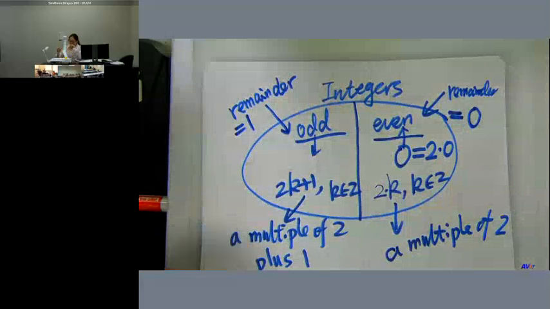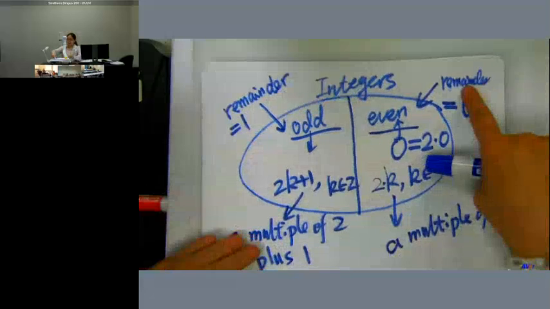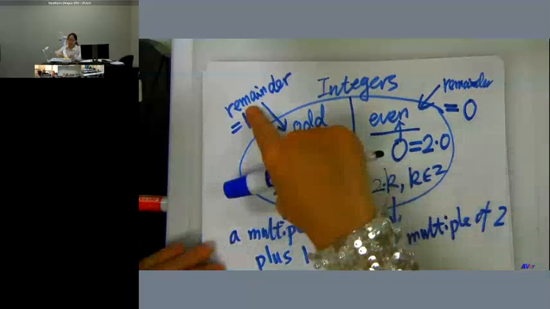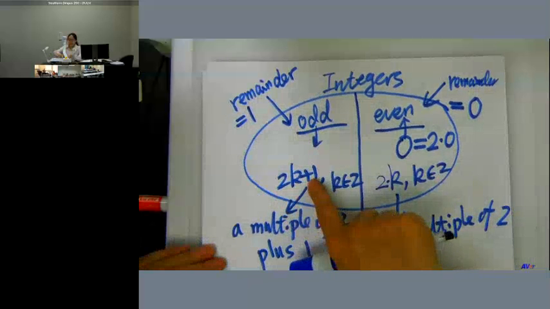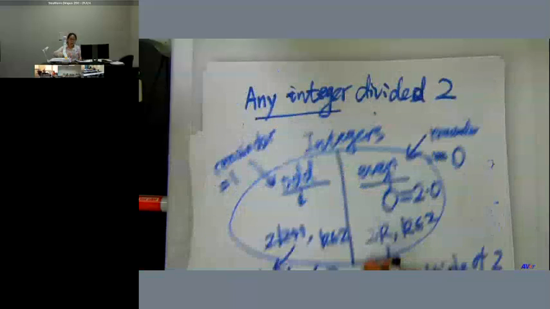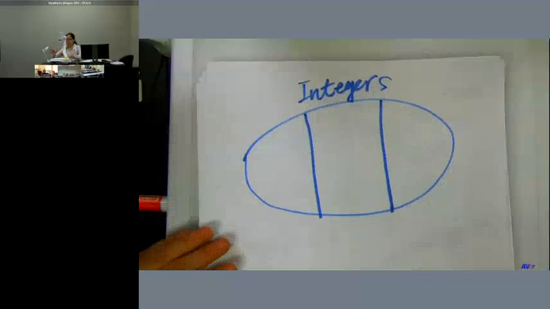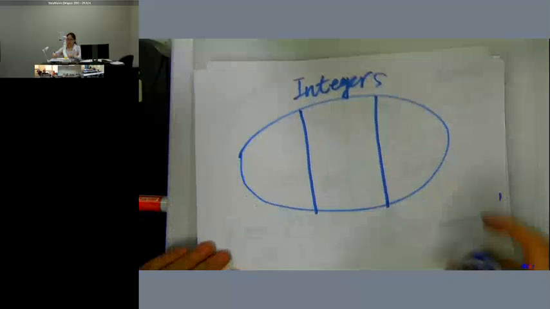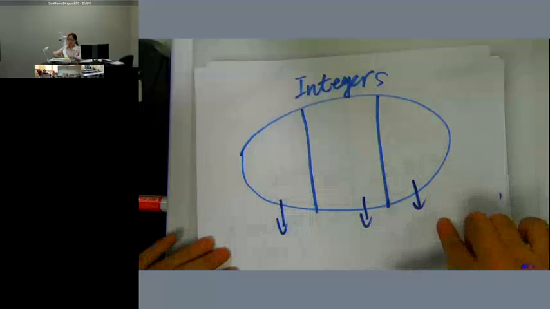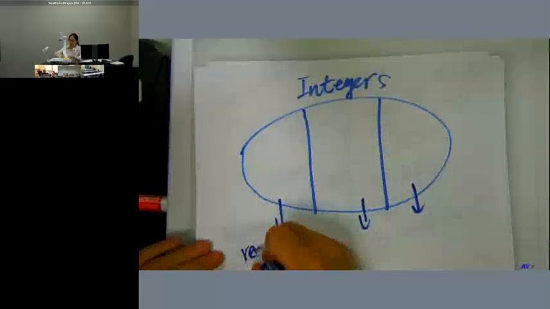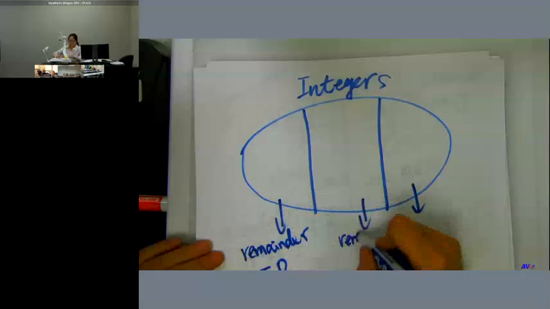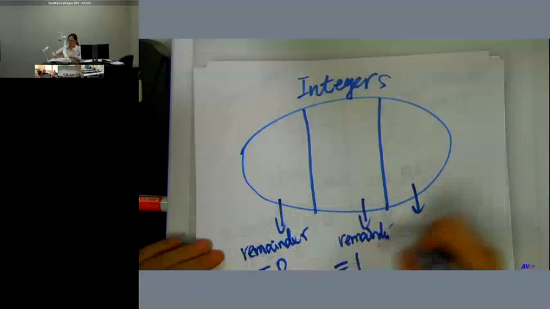Okay, so if the remainder is 0, it's 2 times the integer. If it's 1, it's 2 times the integer plus the remainder 1. So take this approach. How can we divide integers into 3 categories? Divide by one number, and you will get 3 remainders: remainder 0, remainder 1, and remainder 2.